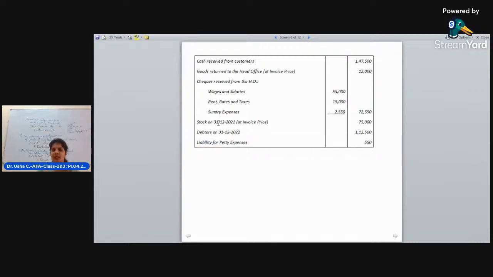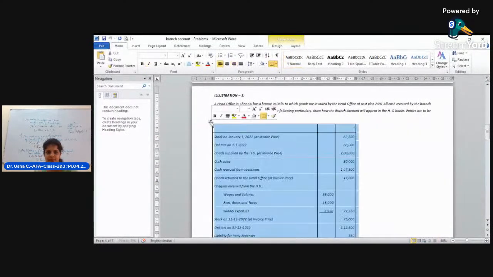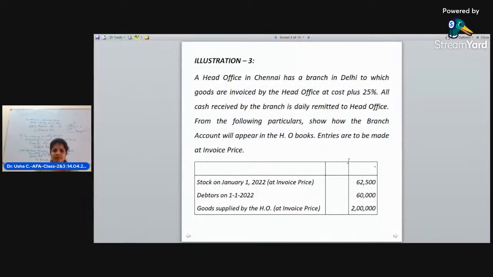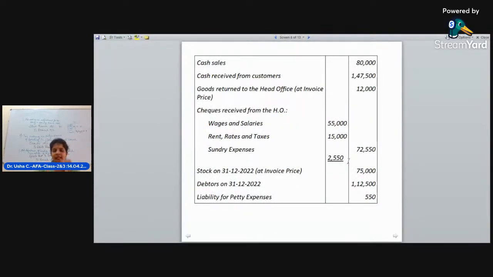So for passing the closing assets, the journal entry for this is branch assets account debtor to branch account for closing assets. Correct. So for passing the entry for the closing liability, how do we have to record?